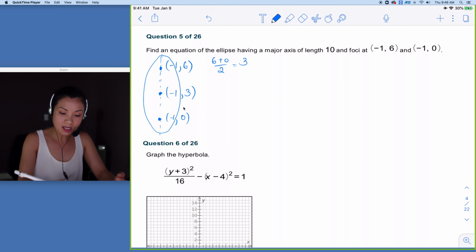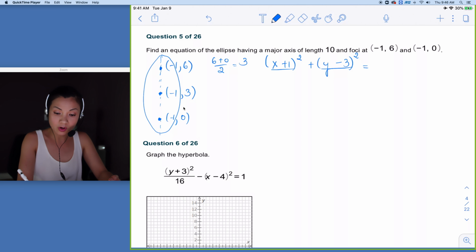So based on that, let's write down the information that we have so far. So I have (x plus 1) squared plus (y minus 3) squared. And I know the major axis is vertical, so it's going to go with y.